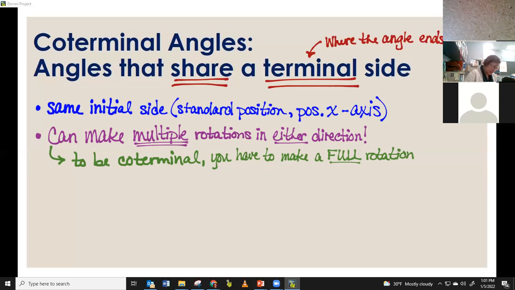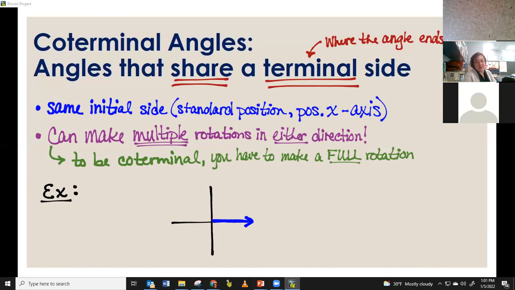All right, so I want to give a little example here, and then we're going to go practice with some other ones that I have. So if I have an angle in standard position, so initial side on the positive x-axis. Oh, good question. They all start at the same spot.